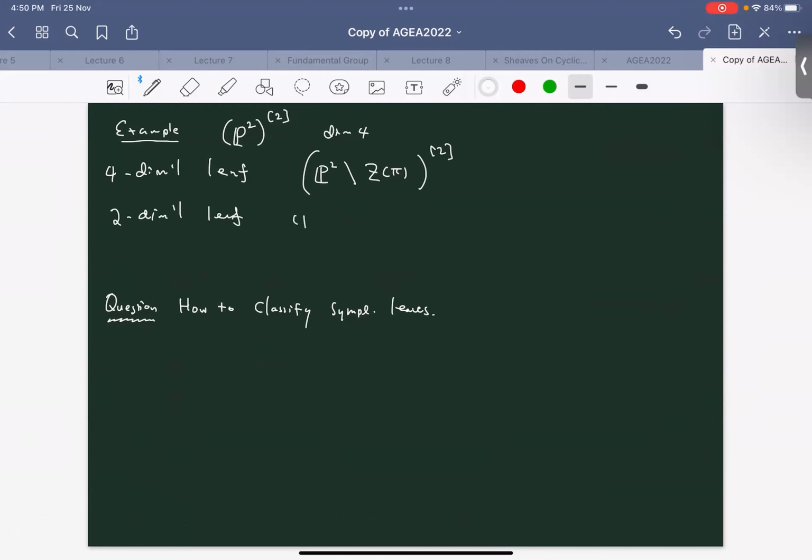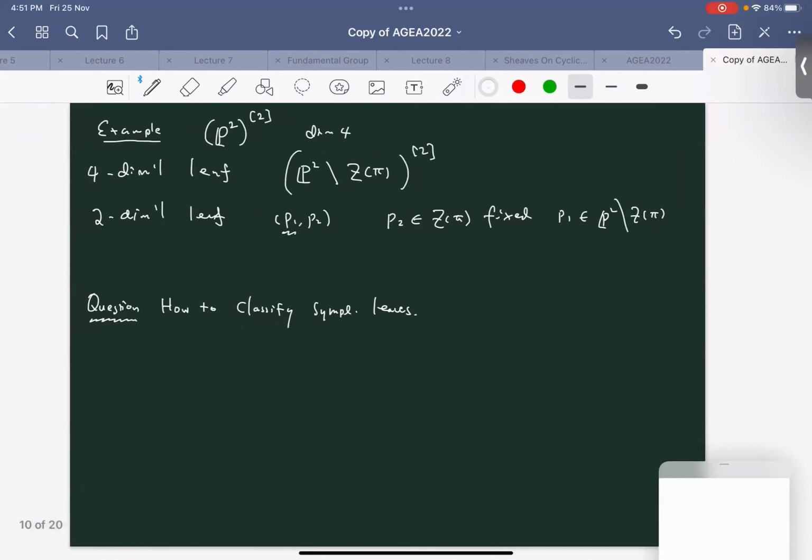I consider points P1, P2, such that P2 is fixed and lies in Z_pi, and P1 belongs to the complement. So the subscheme corresponding to these 2 points gives you a 2-dimensional submanifold, because P1 can vary. This is a 2-dimensional leaf, if the second point is fixed.